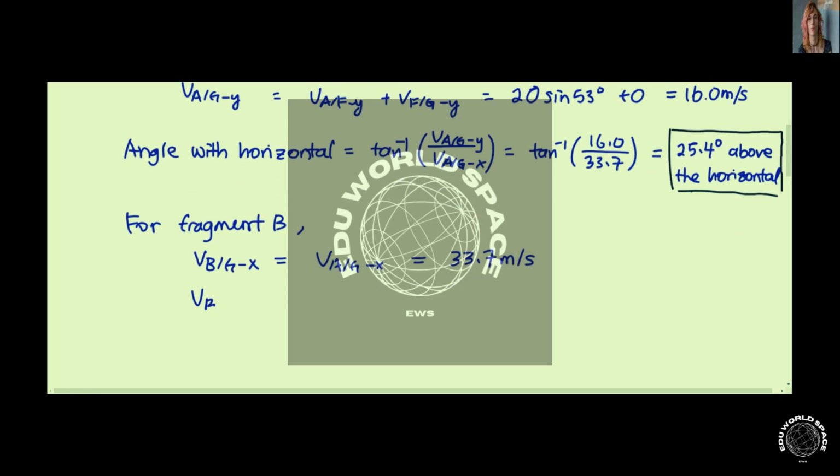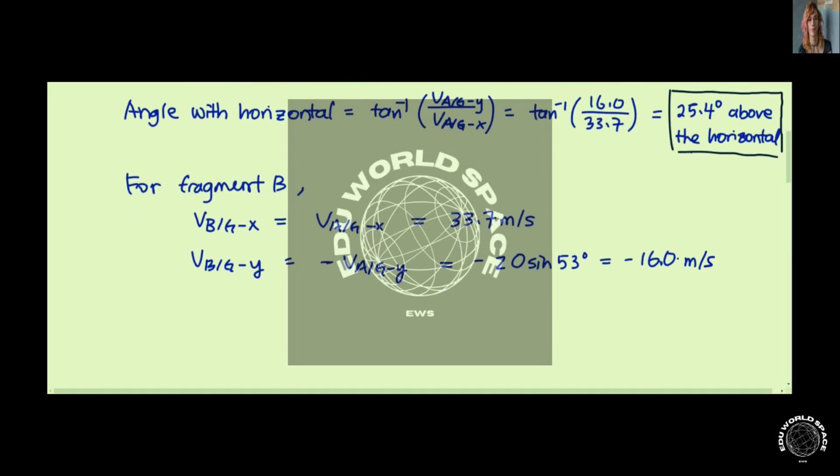And then the y component is the negative of the y component of VA relative to G. And so this is negative 20 sine 53 degrees, which is negative 16.0 meters per second.